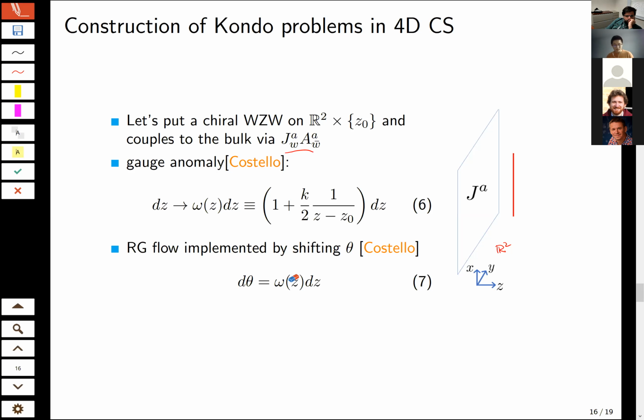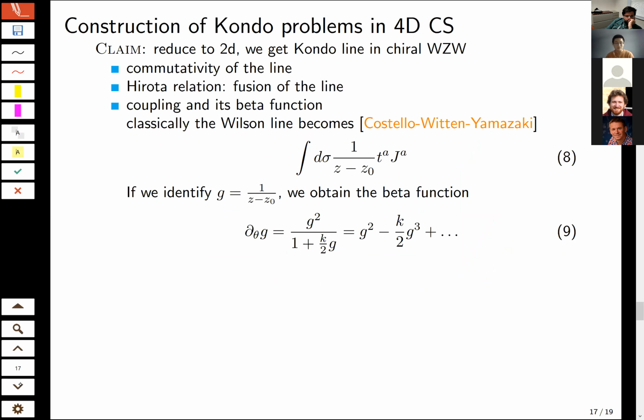So now we have all the necessary ingredients to understand this setup. Most of the properties we find mysterious are quite automatic in this construction.